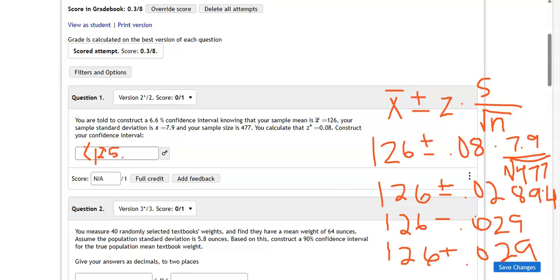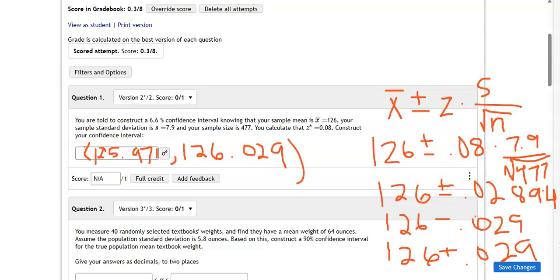My writing there is really bad, so it's 125.971. And then I would put a comma, and then I'd want to do the 126 plus 0.029, which will be 126.029, and then we'll close the parenthesis.